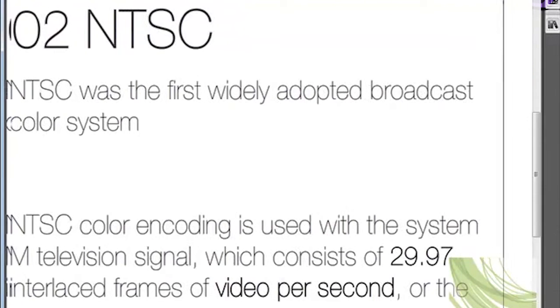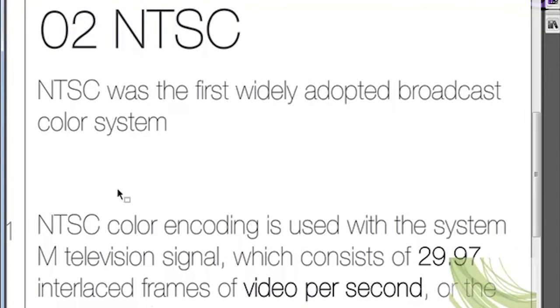Moving on, NTSC was the first widely adopted color system in broadcast media, and it has a color encoding which is similar to the system M television signal, which I'm not going to go into in more detail. You can have a look at that on Google or in your own time. It consists of 29.97 interlaced frames of video per second, nearly identical to the system J in Japan.